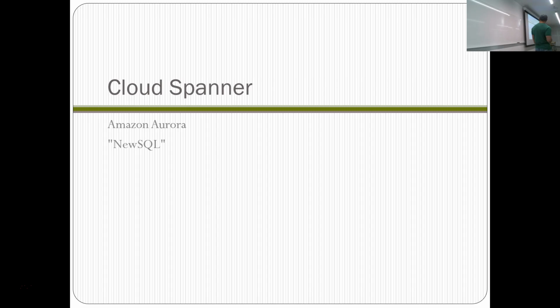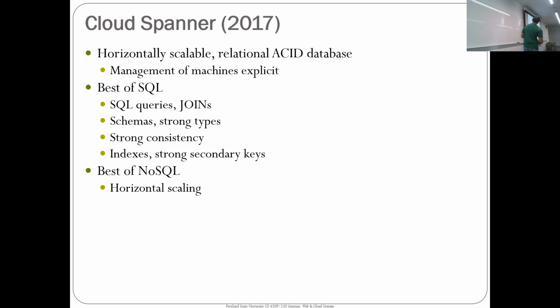One is Cloud Spanner, and I think Amazon Aurora is something similar. This is known as NewSQL, is what they call it, because they didn't like NoSQL. Cloud Spanner is this horizontally scalable relational ACID database.